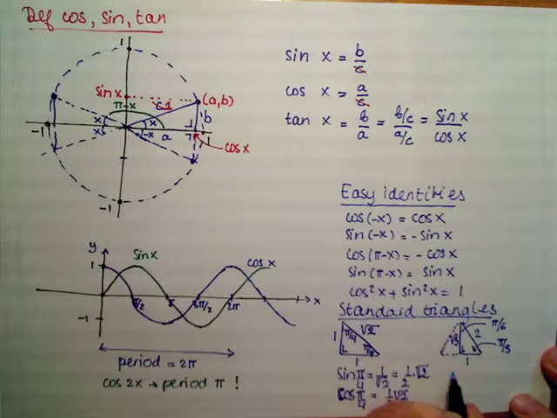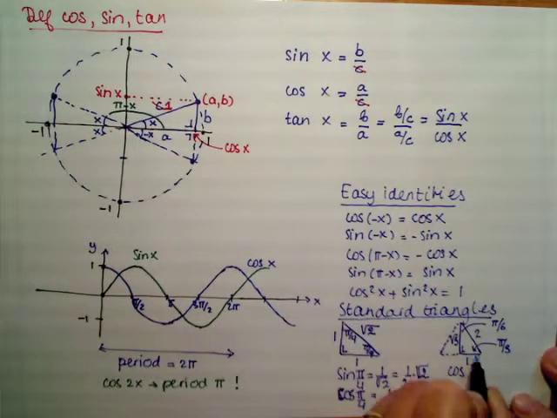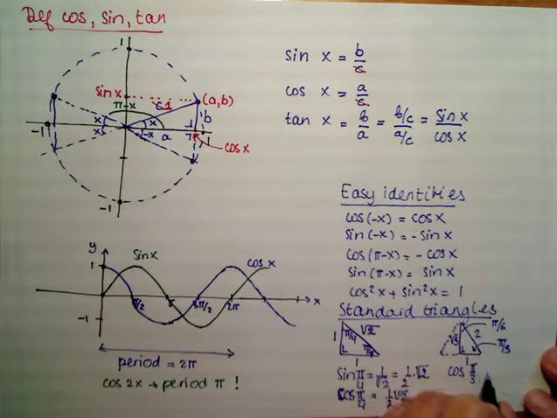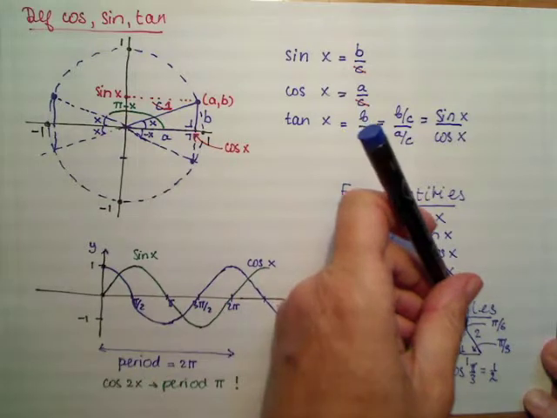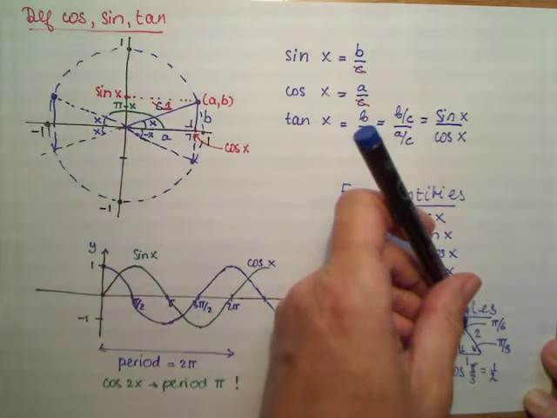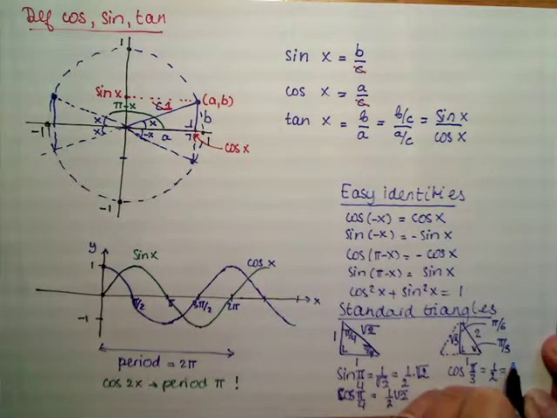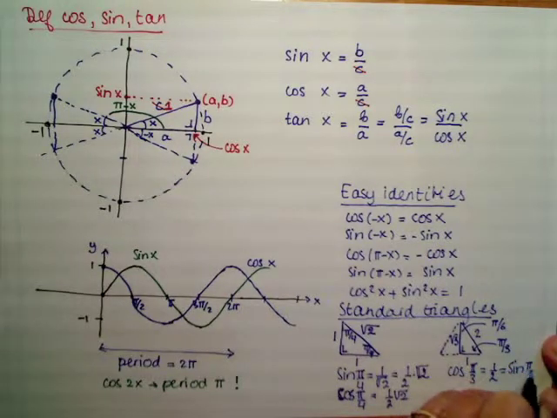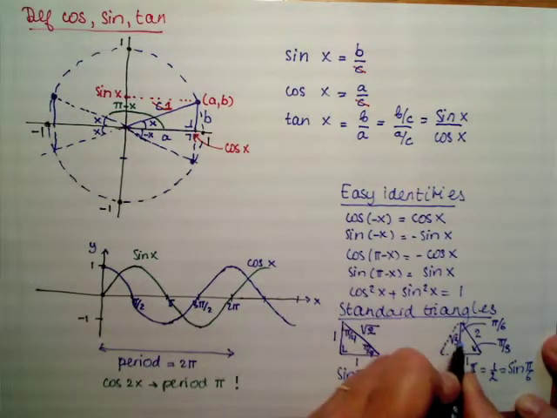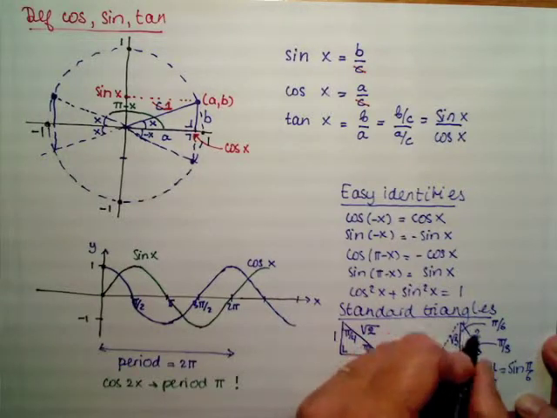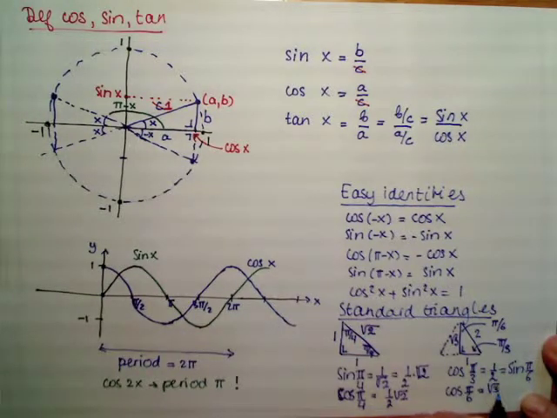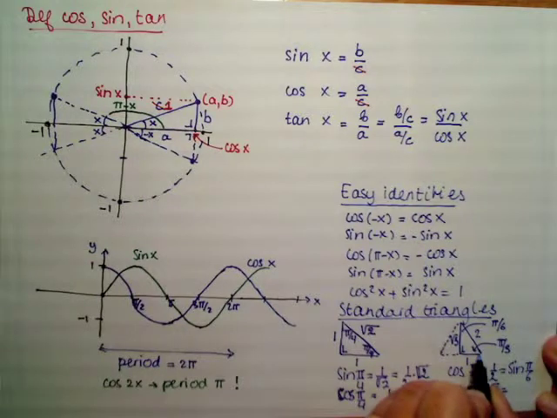So what do we get for the cosine of this angle? So this is equal to 1 over 2. If you look at this angle over here, then we just have computed the sine of that angle, so we get the sine of pi over 6, and we get that the cosine of pi over 6 is equal to square root of 3 divided by 2, which is equal to the sine of this angle.